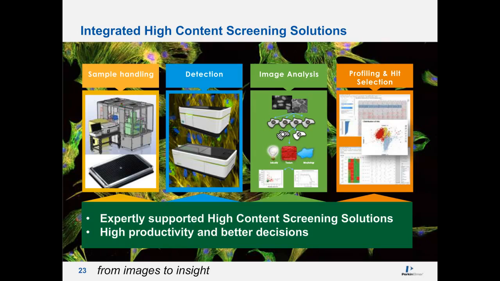And then last but not least, with High Content Profiler, a dedicated tool for multi-parametric profiling and hit selection. All of that truly supported by our support teams globally to enable you higher productivity and hopefully faster and better decisions from your data. Thank you.